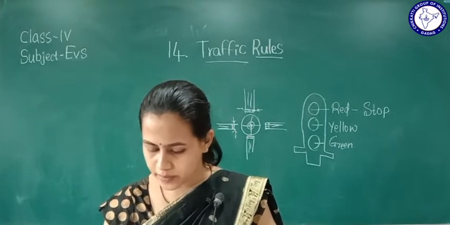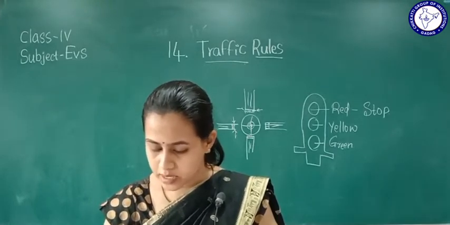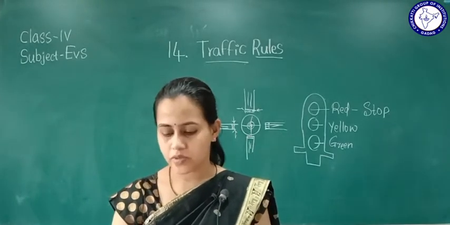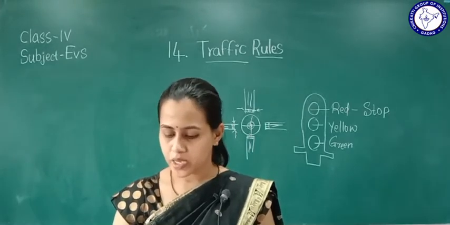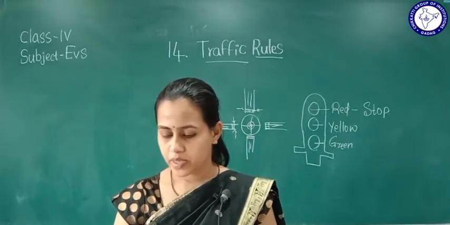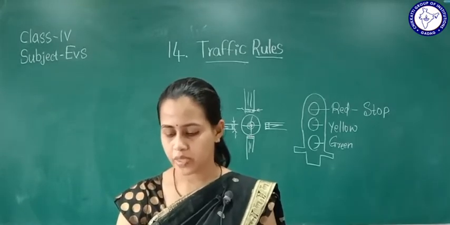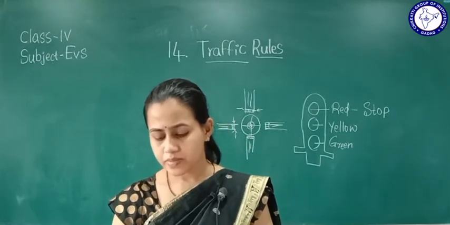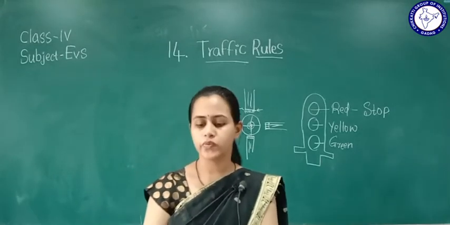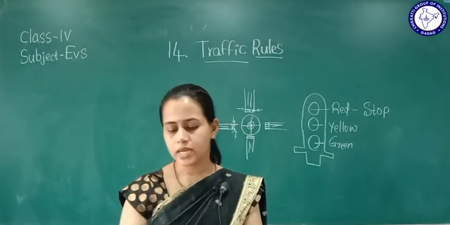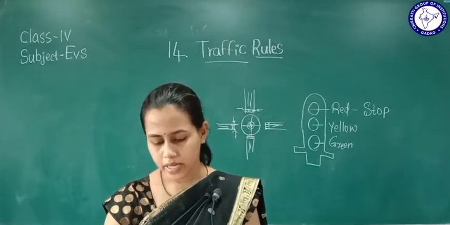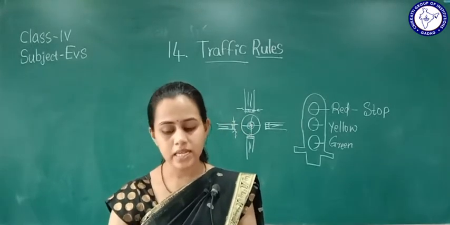These lights give specific instruction to the movement of vehicles. The red light indicates stop, yellow indicates get ready, and green light says move, right? So there are red, green, yellow lights in the signal light, right?